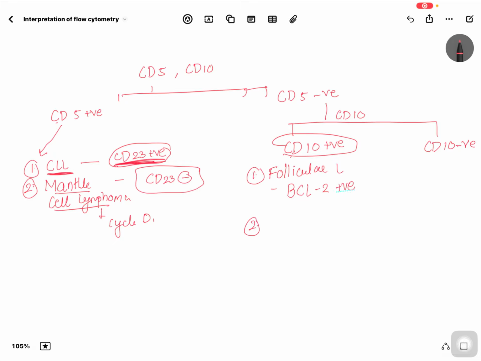Then second in the row is Burkitt's lymphoma. It is BCL2 negative, but it is positive for BCL6. BCL6 has a relation with Epstein-Barr virus. Okay, so these are the two examples.